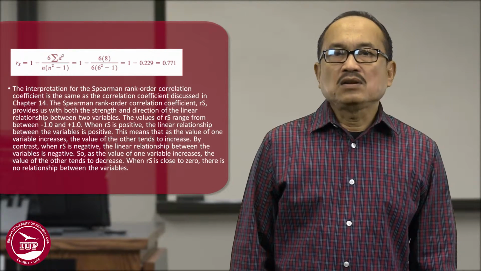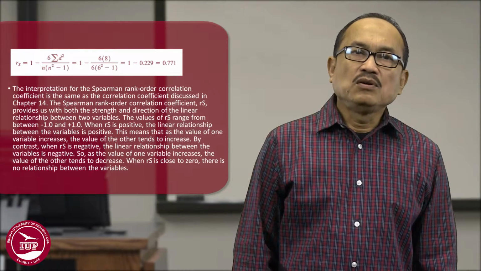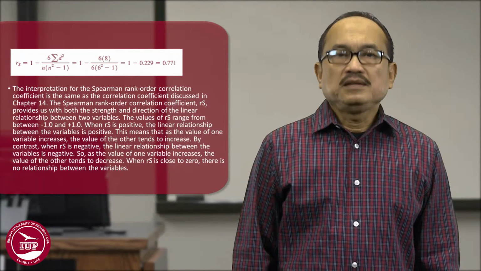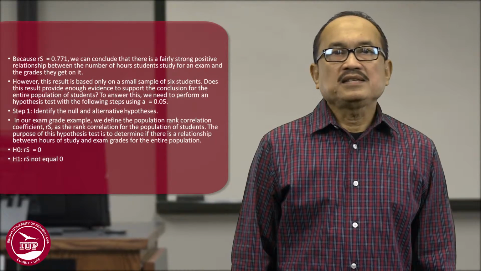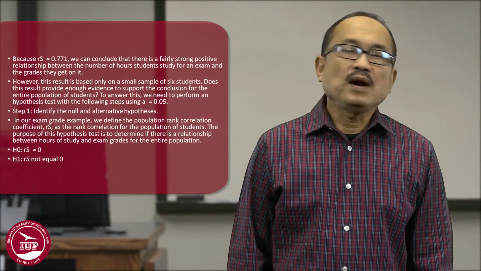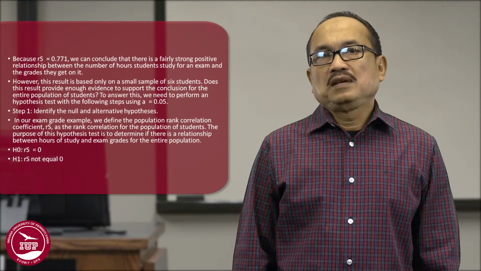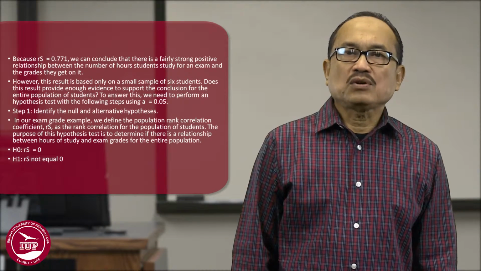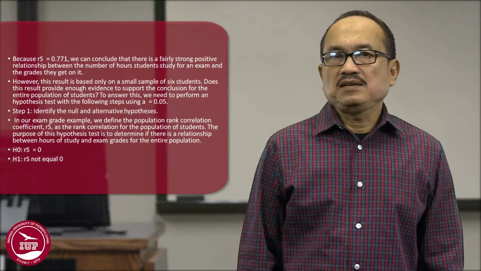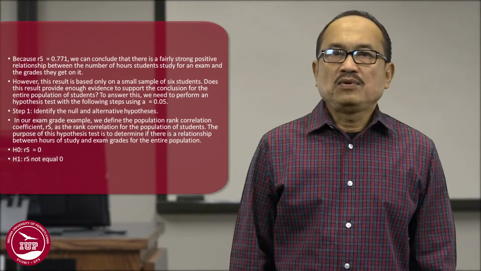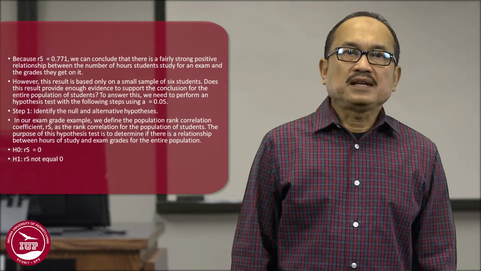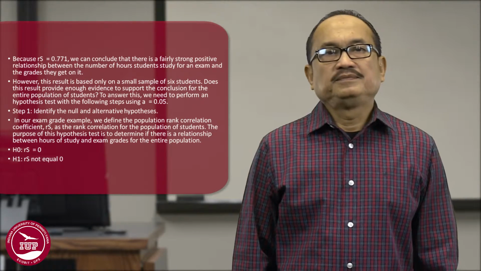When rs is close to 0, there is no relationship between the variables. Because rs is equal to 0.771, we can conclude that there is a very strong positive relationship between the number of hours students study for an exam and the grades they get on it.